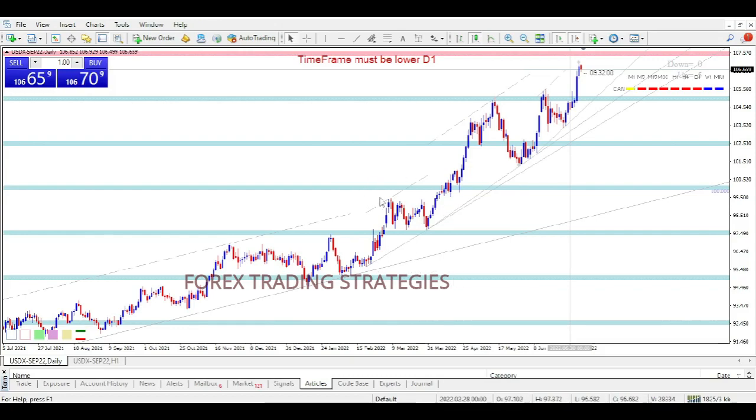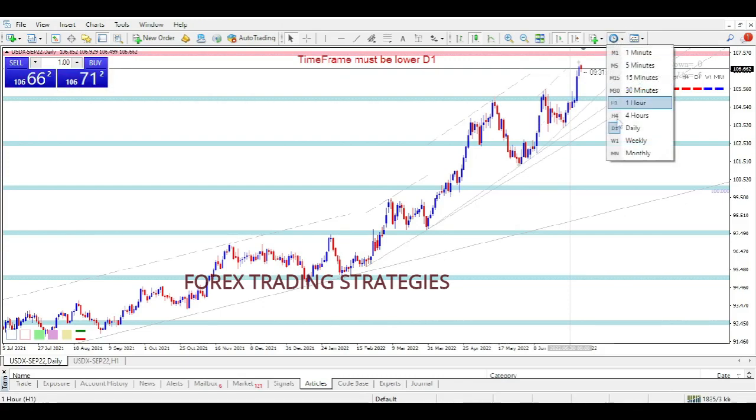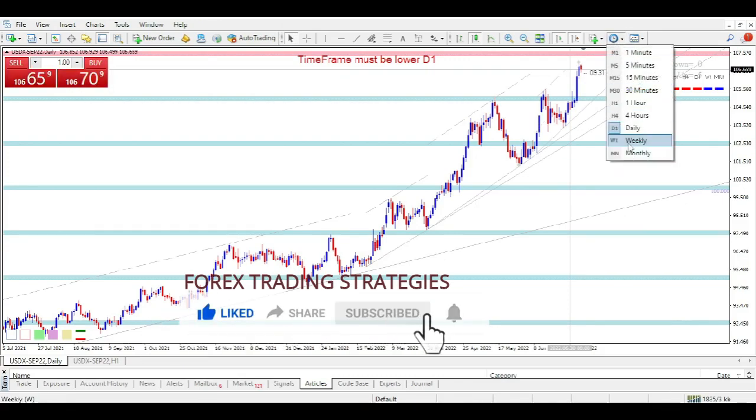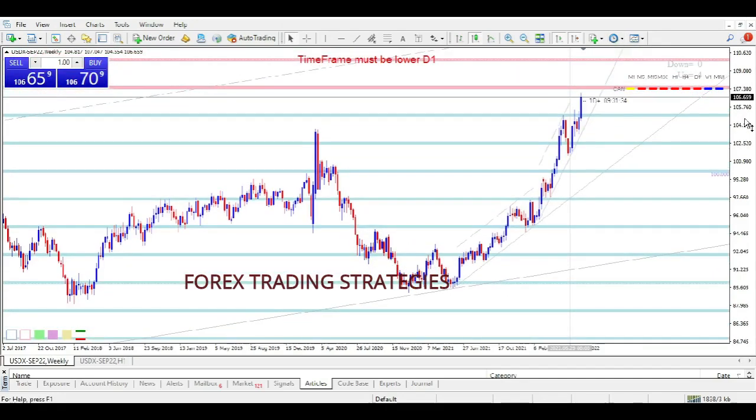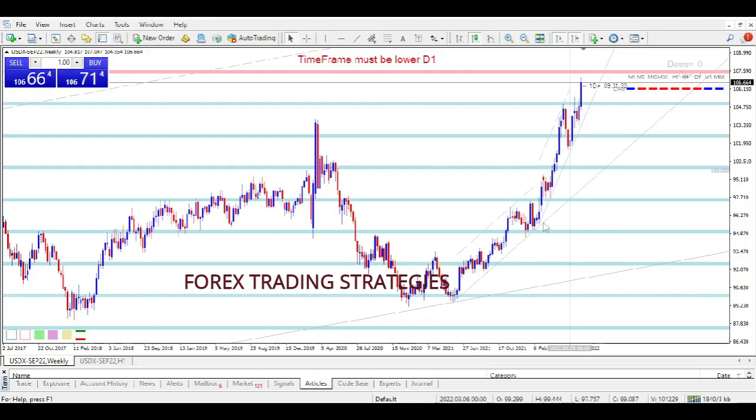Okay, so let's break down the time frames that we have on our charts and how you can best use them. Maybe what we want to do is to actually start on the higher time frame. It's up to you. We can go up to monthly, but I think I prefer starting on the weekly time frame.